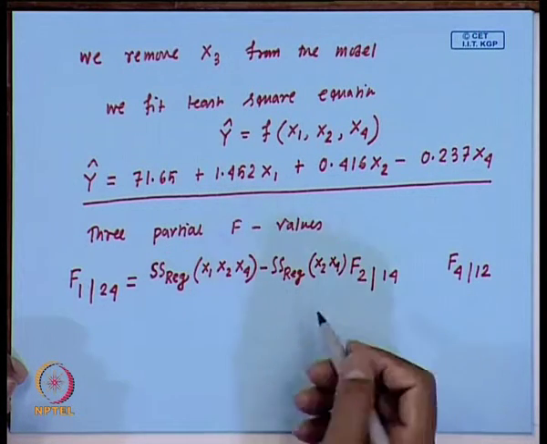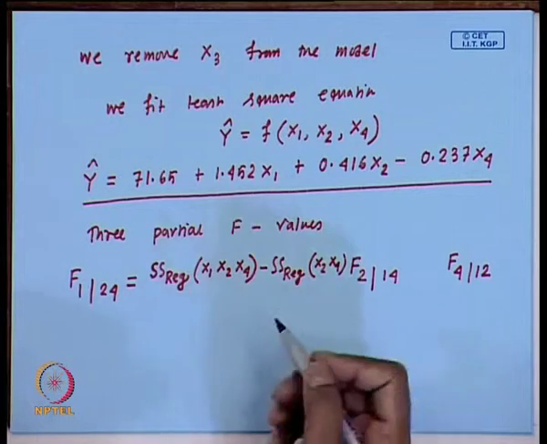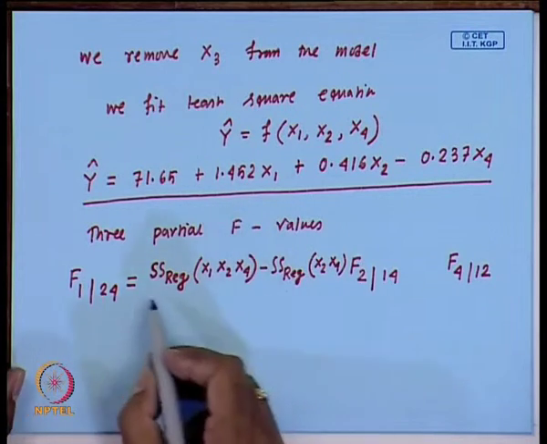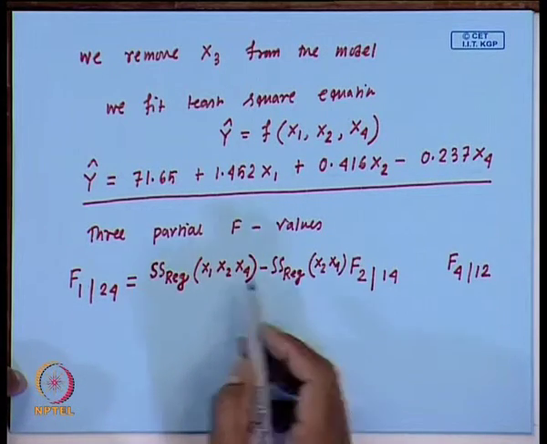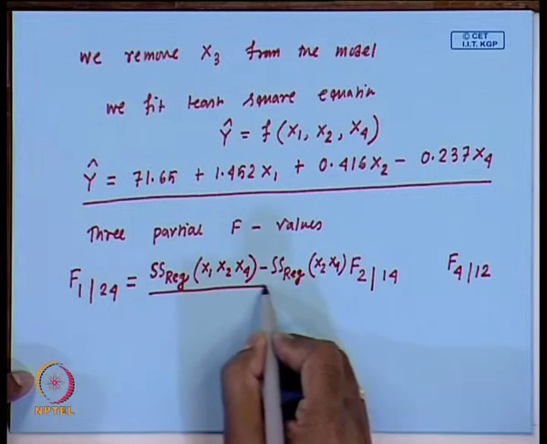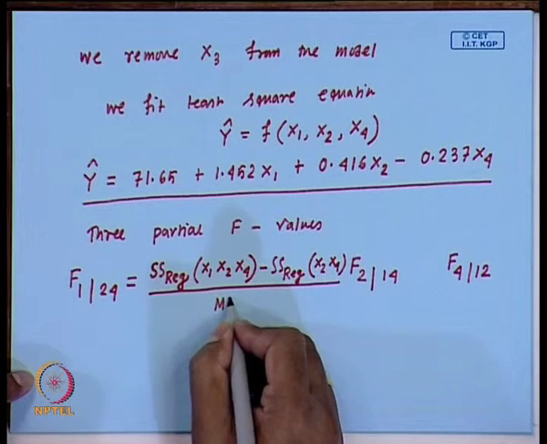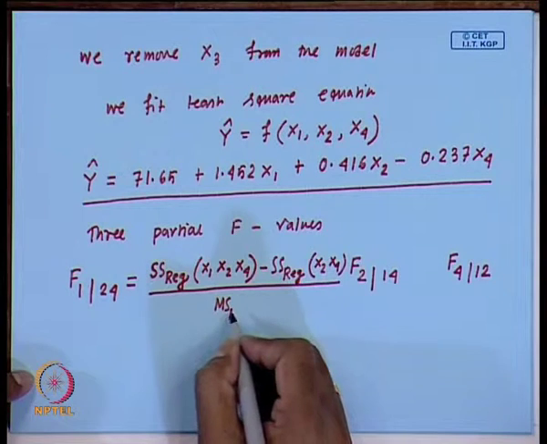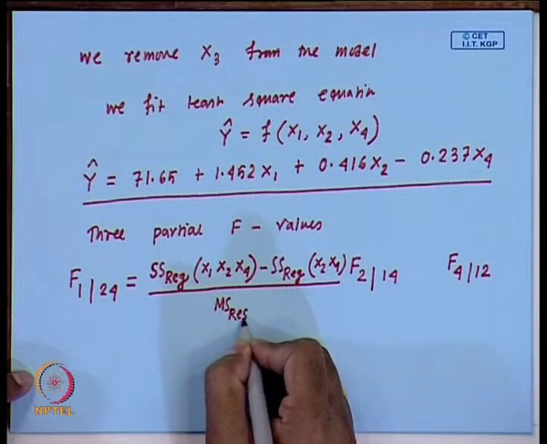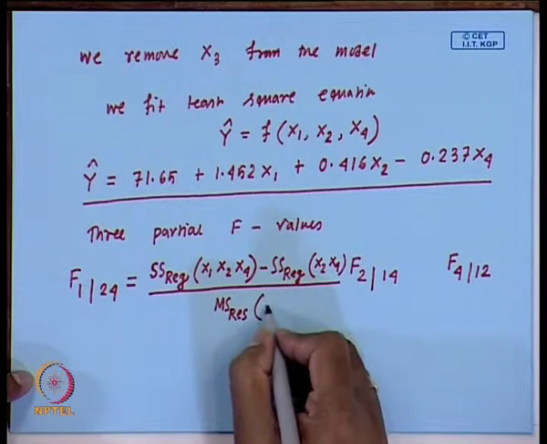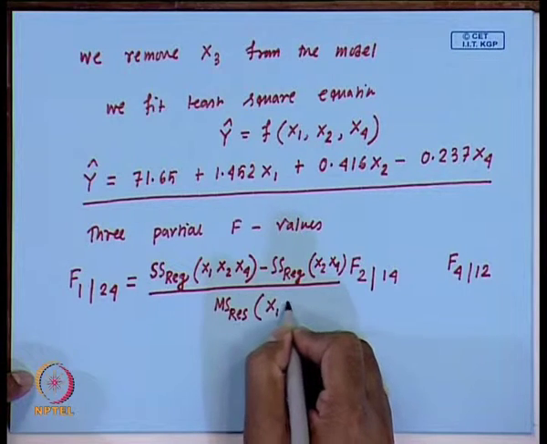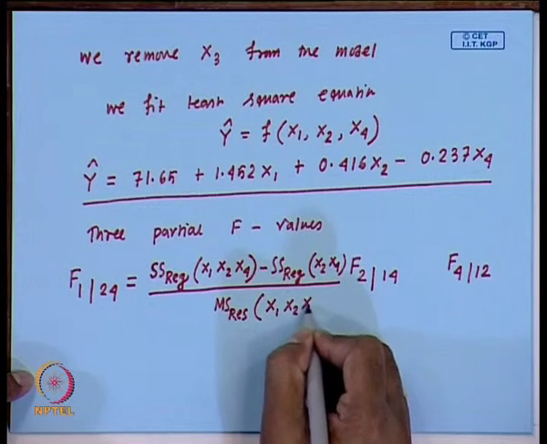So, this difference will give you the contribution, the extra regression sum of square due to x 1, and this is divided by MS residual, MS residual for the model x 1, x 2, x 4.